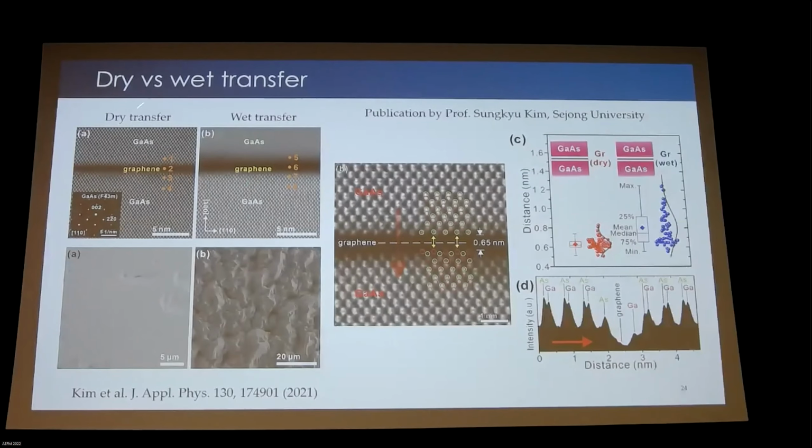You can see that for dry transfer, the surface is very smooth and single crystalline, whereas for the wet transfer technique, you get a polycrystalline film because the distance between the epifilm and the substrate is rather long, right?